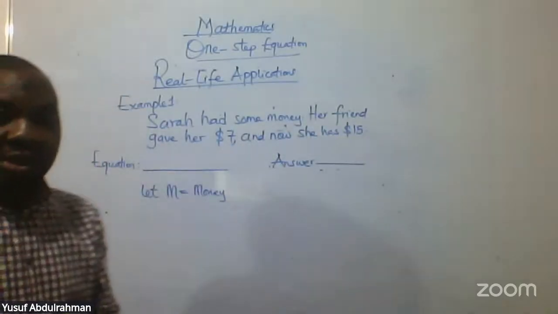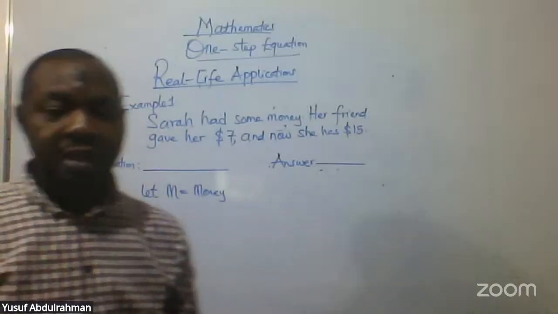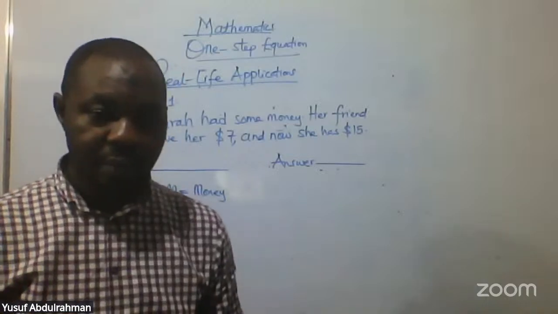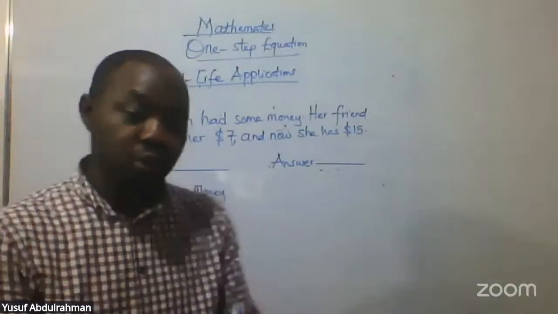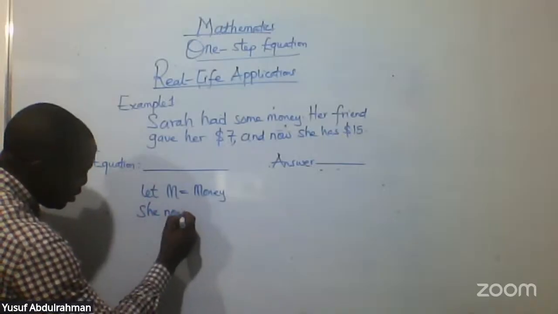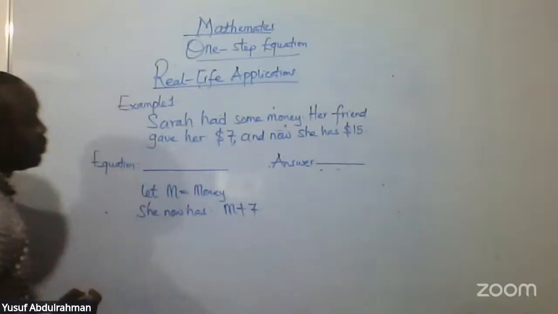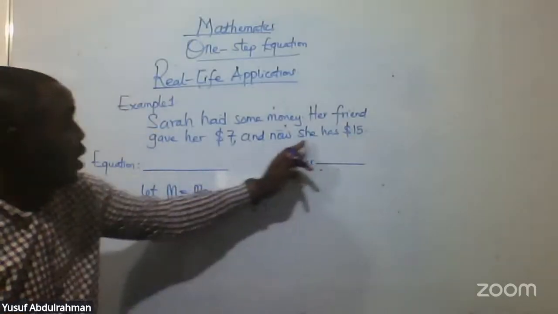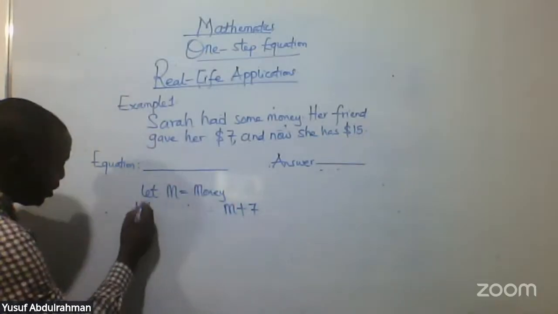Now our friend gave her $7. So let's say she had $10. Now listen. Our friend gave her $7, so that means $7 will be added to what she had. So she now has M plus 7. She now has $15.